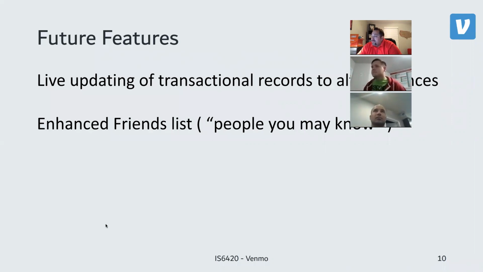And if they receive the payment, it would update that balance as well. Part of that we tried to implement in this first go around in the first set of business requirements. We weren't able to get it completely done, so that's still a work in process. The next thing we want to work on is an enhanced friend list. But let me go ahead and get you over to the SQL and we'll walk through that real quick.